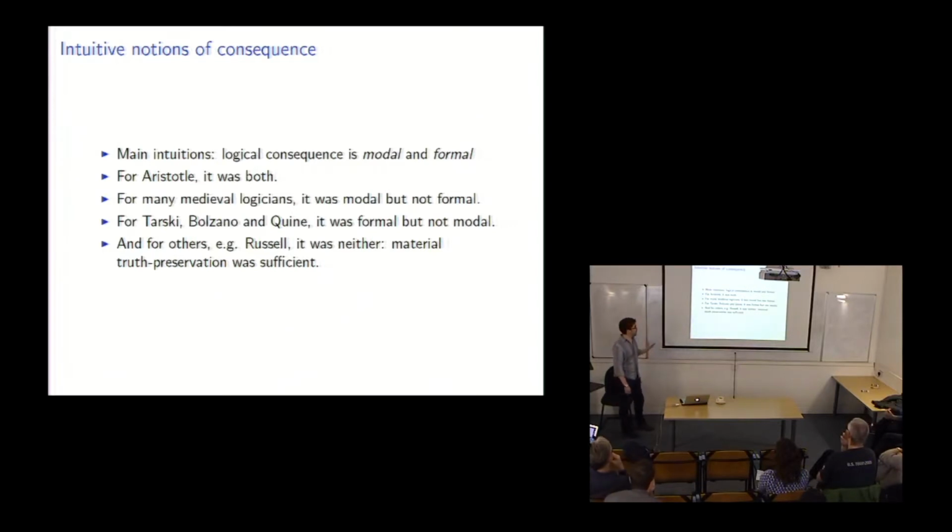They're, in one way or another, fairly suspicious of modal ideas and give definitions of consequence that are purely formal. And then for others, so people like Bertrand Russell, or at least certain time slices of Bertrand Russell, it seemed that logical consequence is neither modal nor formal, it's just material truth preservation, it's just given by the material conditional, or what we sometimes call Philonian consequence.